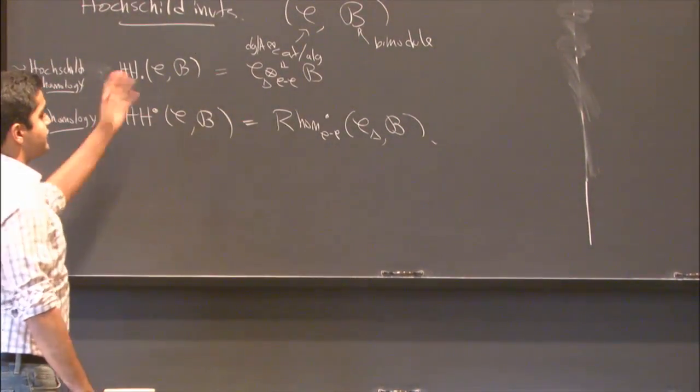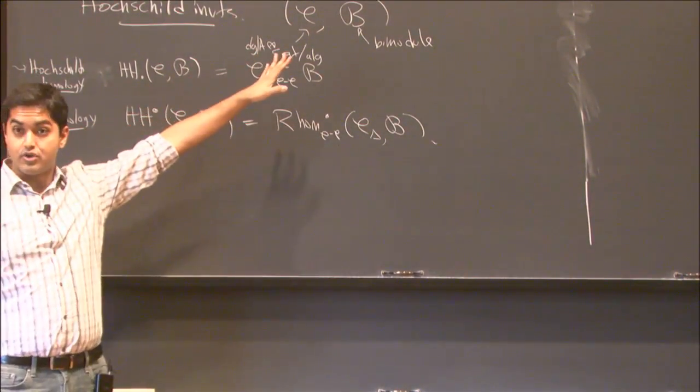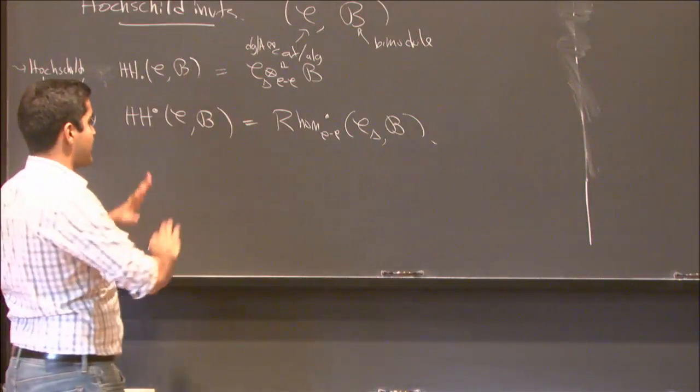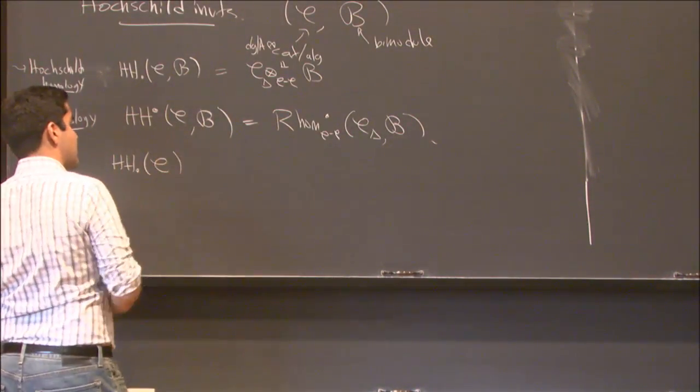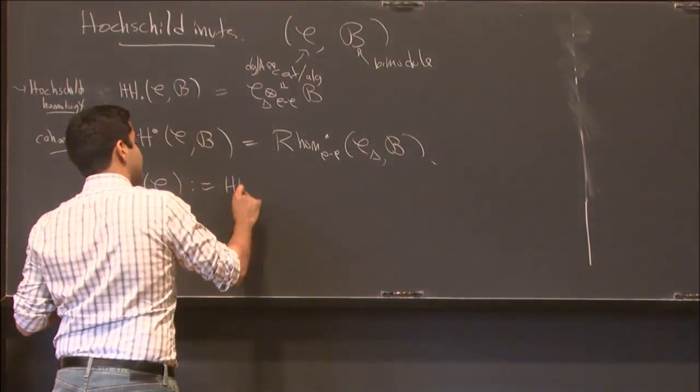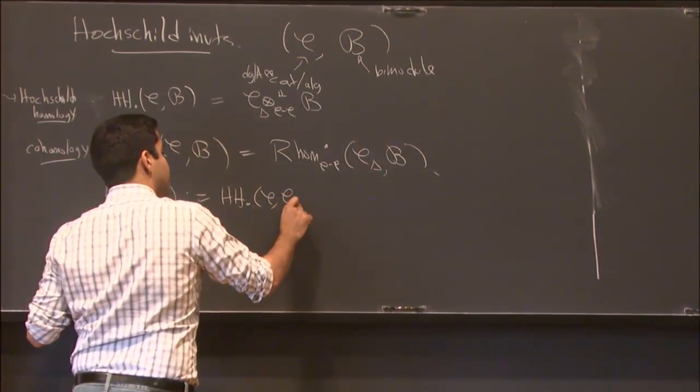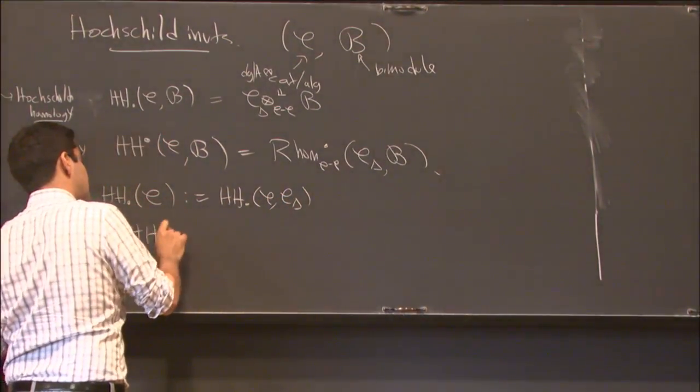And out of this sort of construction, I can get invariance of the category C itself. I don't need to talk about a different bimodule. I could just think of Hochschild homology of the category C to be Hochschild homology with coefficients in the diagonal bimodule. And similarly, Hochschild cohomology.